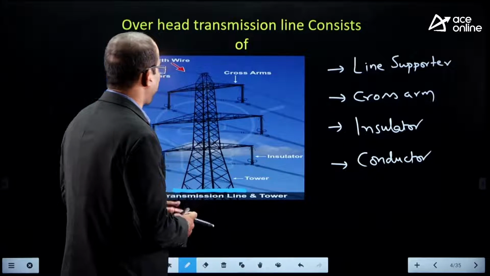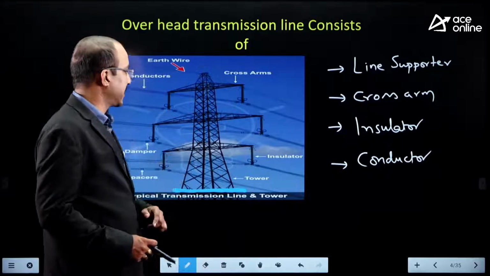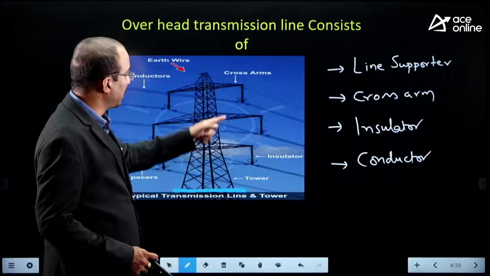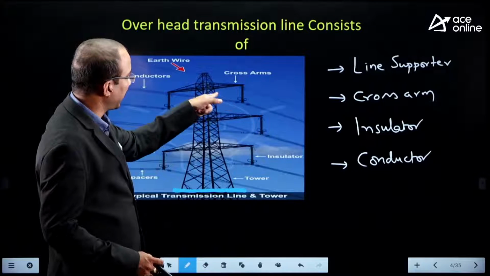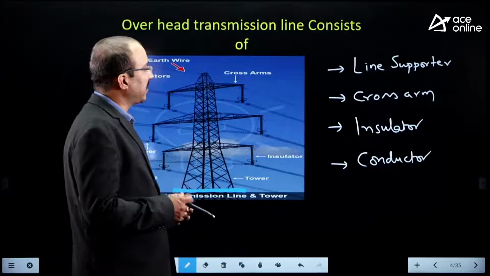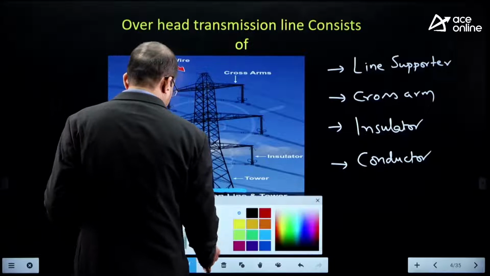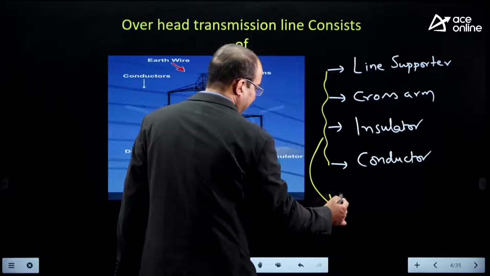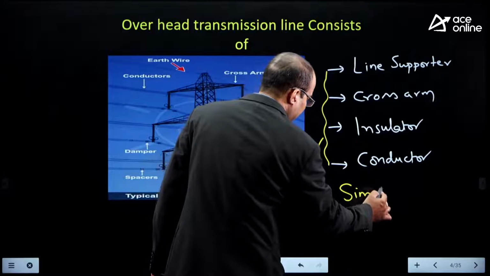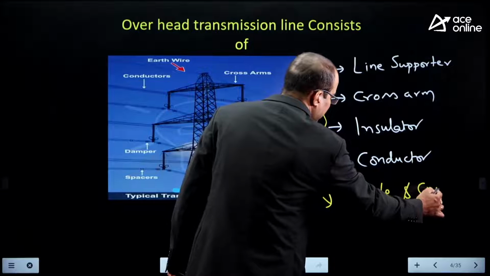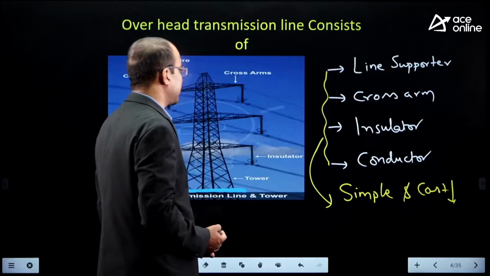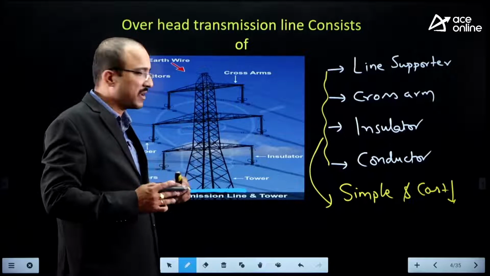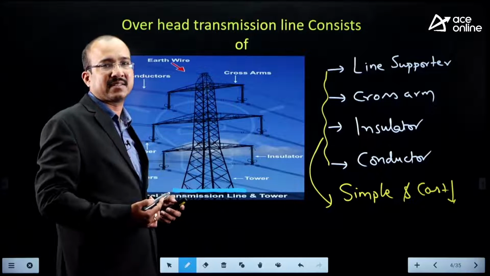This is a tower or line supporter, and here we have the cross arm to which the insulator is attached, and we have the conductor. So its construction looks simple, and the cost is also less, because here the insulation is required only at the line supporter. In the remaining areas, air acts as the insulator.